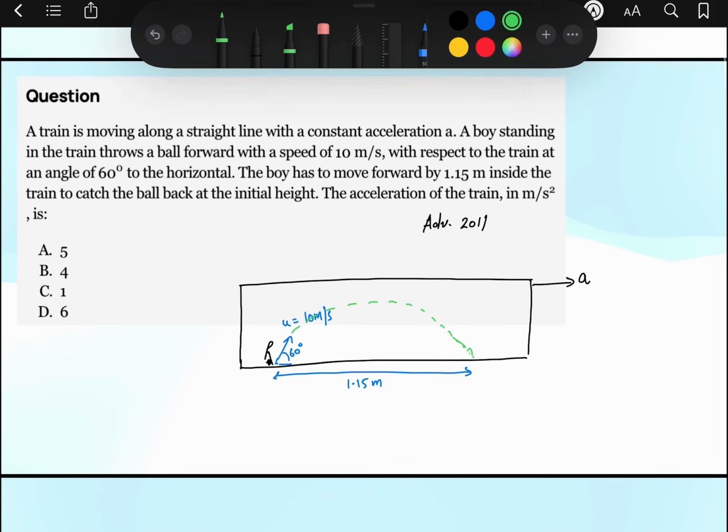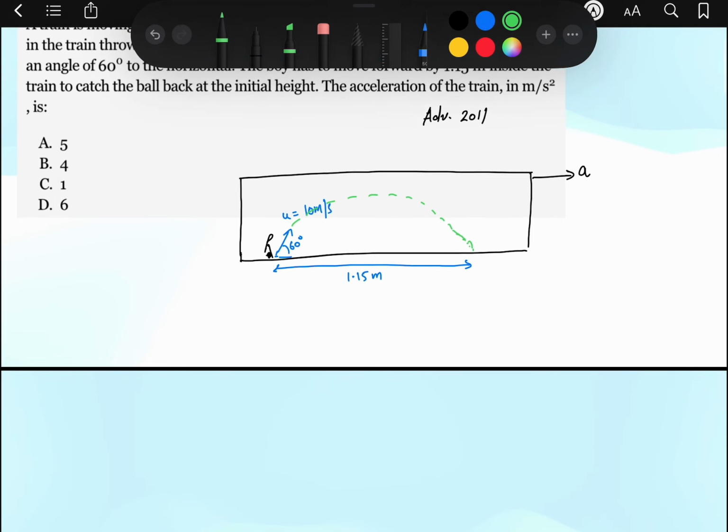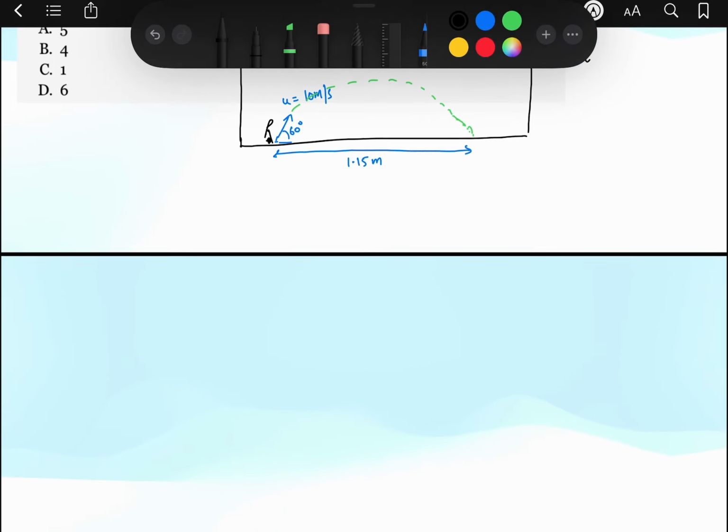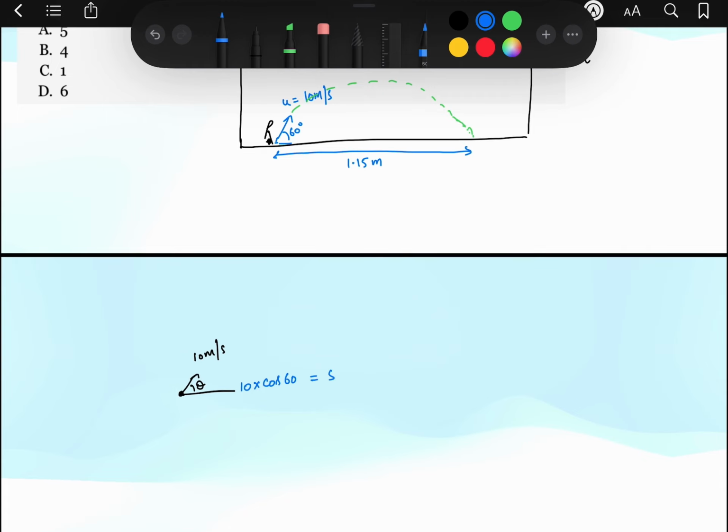So from the basic projectile formula we can use here. I will draw a separate diagram. This is our ball, and this is the velocity u, that is 10 meter per second, and this is the angle theta. So its horizontal component of the velocity will be u cos theta, that is 10 into cos 60, equal to 5 meter per second.